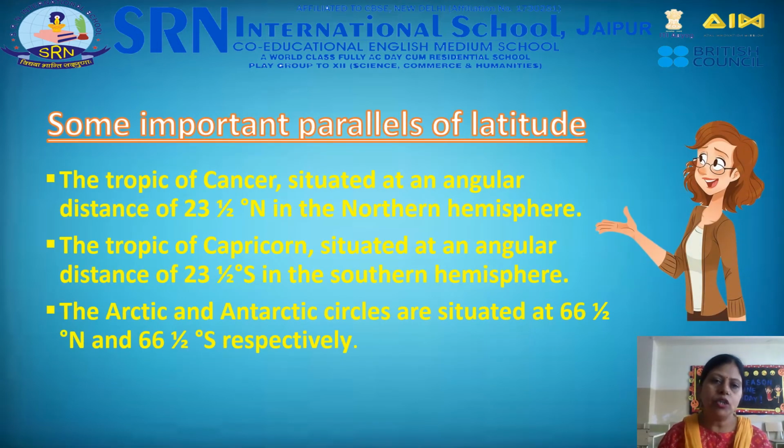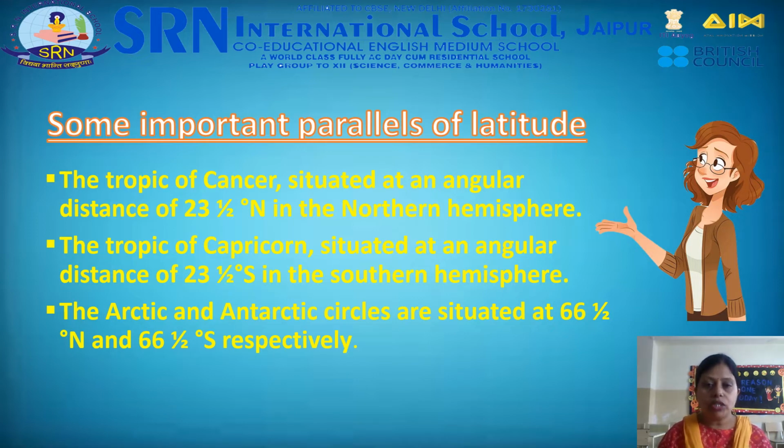Now I'll explain to you about important parallels of latitude. The equator is the most important parallel of latitude. The equator divides the earth into two equal parts, the northern hemisphere and the southern hemisphere.